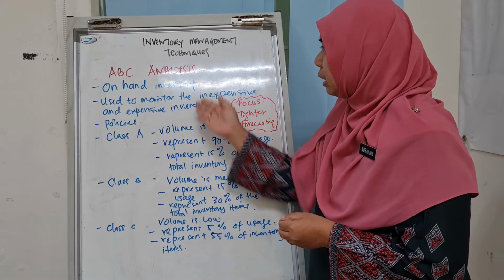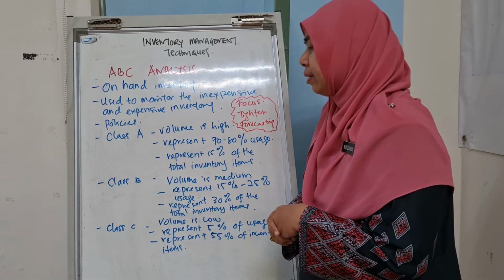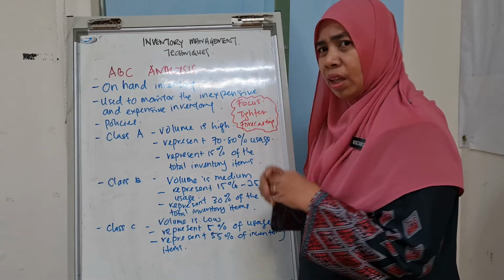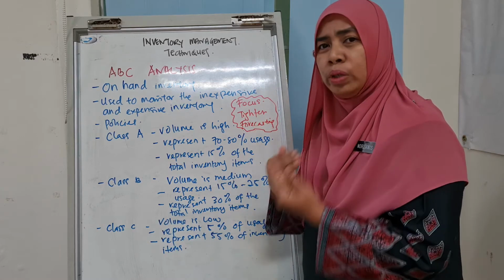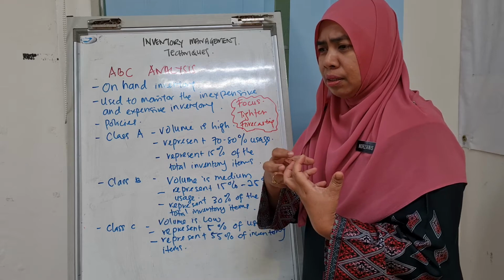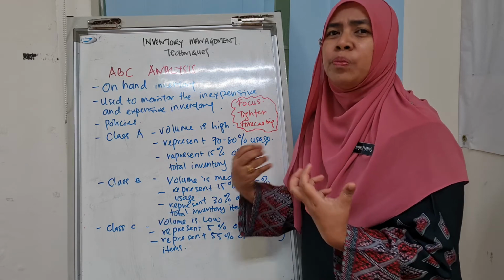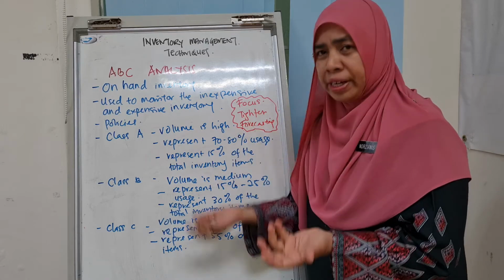So this is an inventory management technique. We call it ABC analysis. So we conclude that the ABC technique is to make inventory planning and operation smooth, all right?